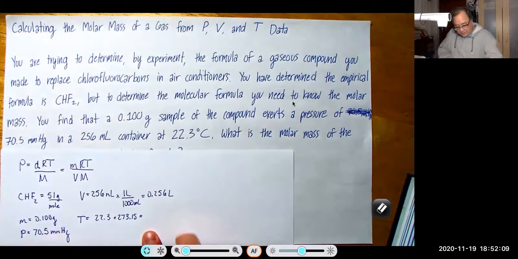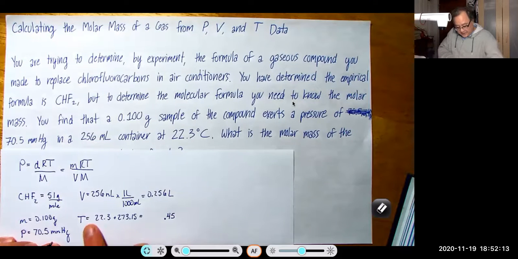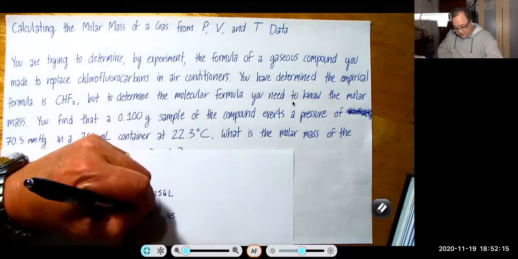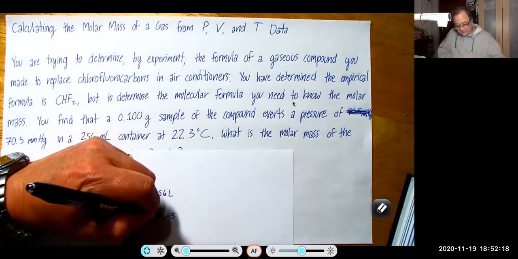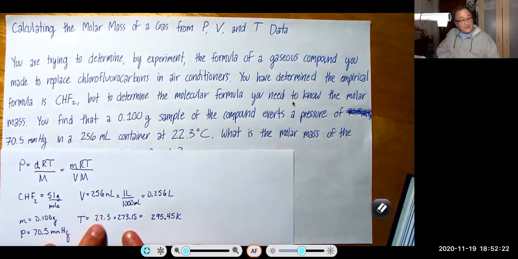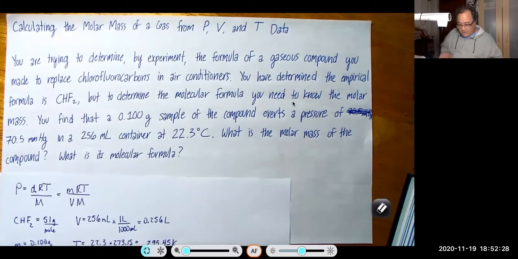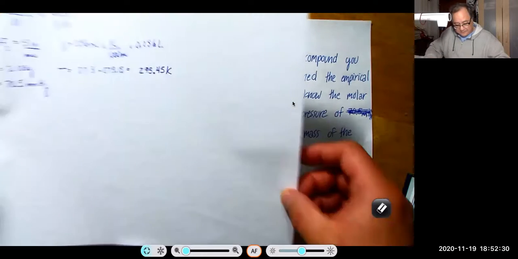And we get 0.45. And then we get 295. So that's 295.45 K if I've added these up correctly. Okay, so this is all the list of the information that we're given. And we want to get the molar mass of the compound.